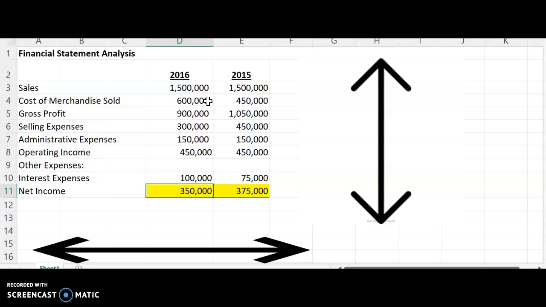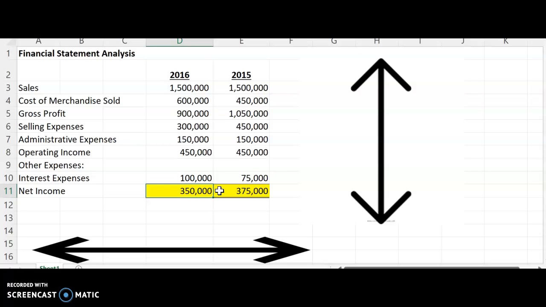But yet my total sales was the same. Look at the total sales. So I need to look at these numbers and see what caused the decrease in my bottom line net income.